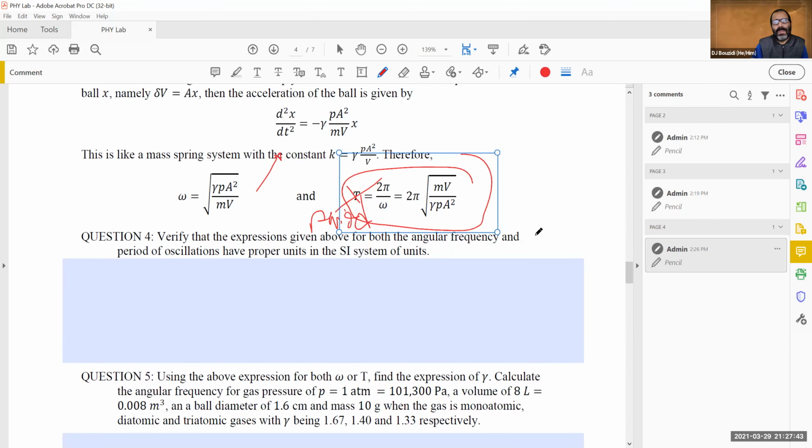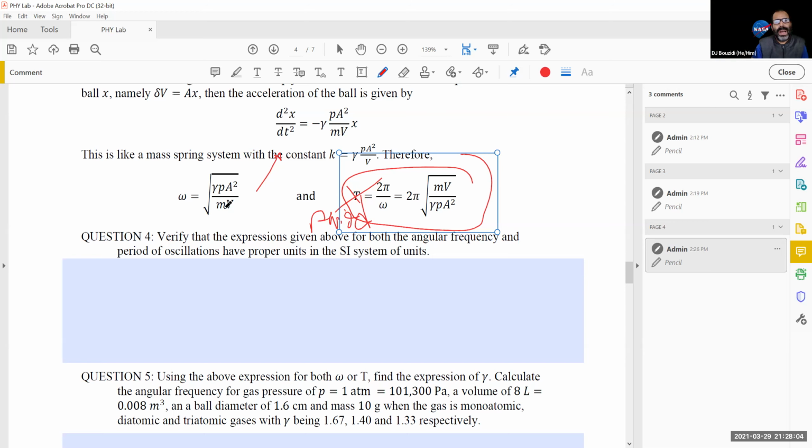So now verify the expression above has a proper period of oscillation. Basically this must have the units of 1 over second. Okay, gamma has no units. Pressure is going to be in Newton per meter squared. This is meter squared, meter to the power 4, I'm sorry, because meter squared and meter squared is meter to the power 4.